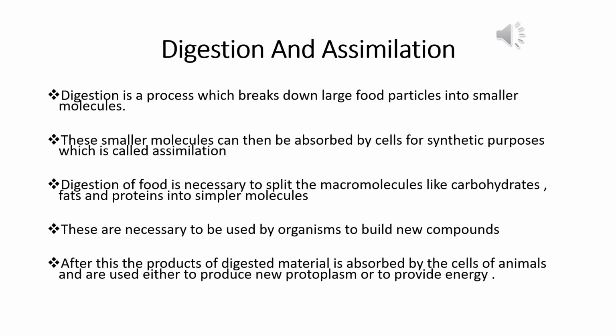Now we will discuss digestion and assimilation. Digestion is a process which breaks down large particles into smaller particles or smaller molecules. These smaller molecules can be absorbed by the cells for synthetic purposes, which is called assimilation.